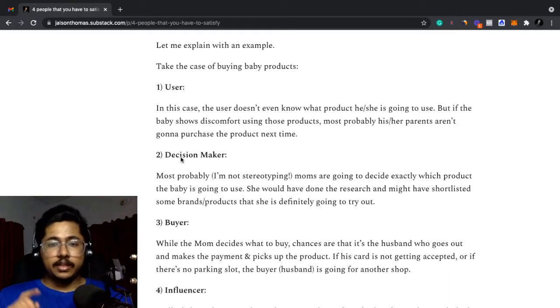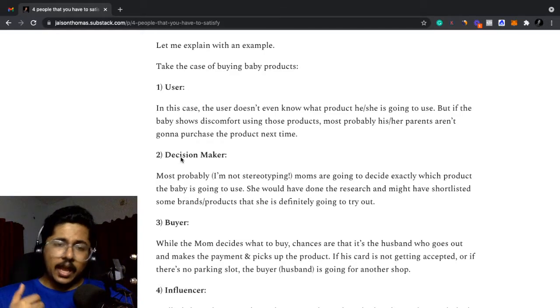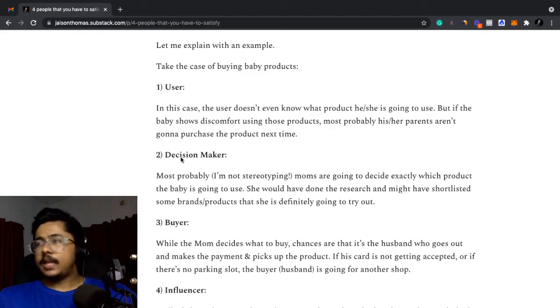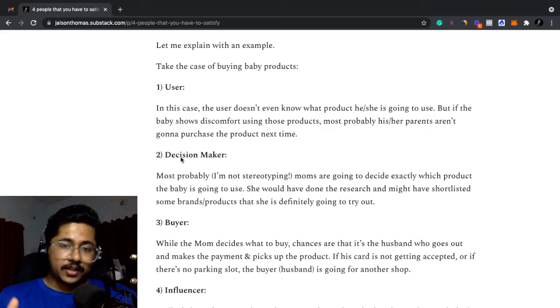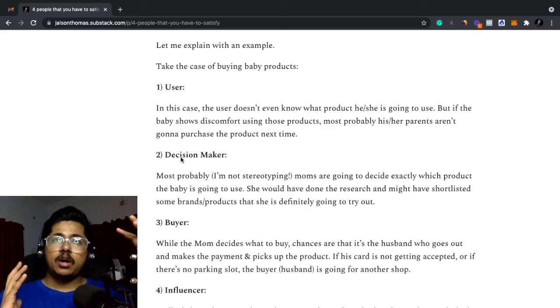And second is the decision maker, right? Continuing with the baby example, in buying baby products, who might be the decision maker here? As I said, I'm not stereotyping. It might be moms, right?